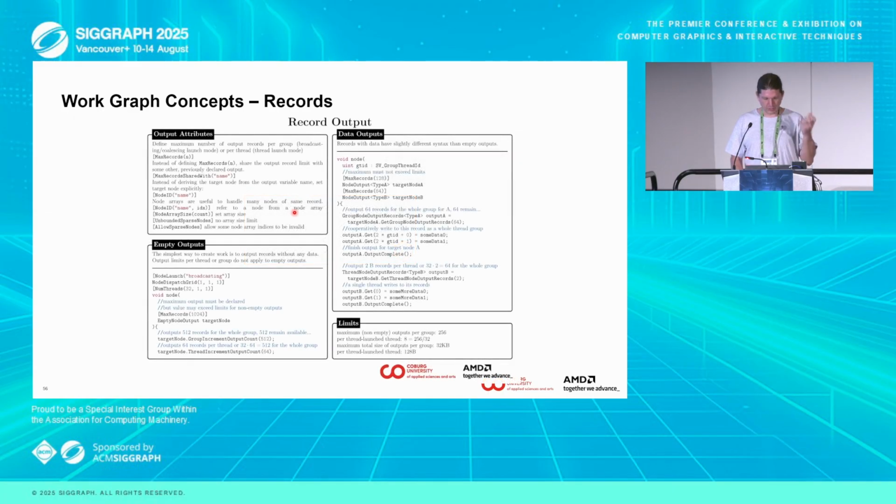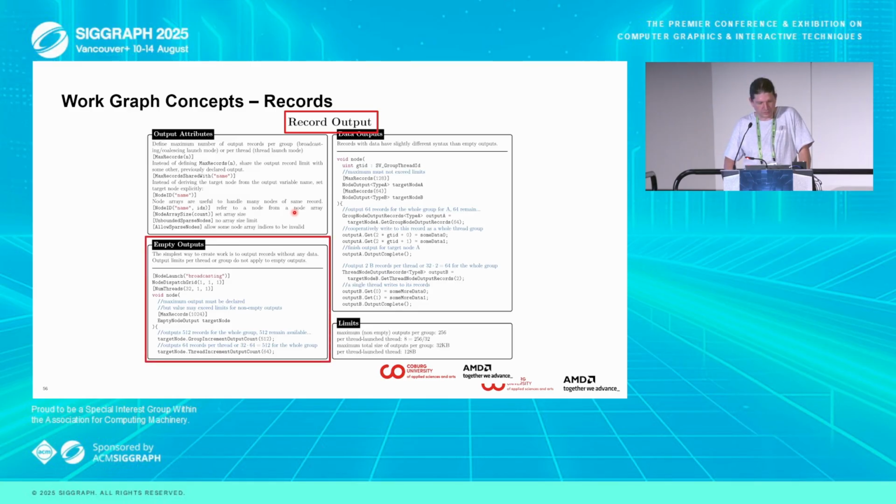Okay, you can look at this. We have this little concept summarized in our cheat sheet that we placed out for you, and you can take them home and you can download them also from our webpage. Turn to the page record output, and there you can find on the lower left a little bar which discusses empty outputs.